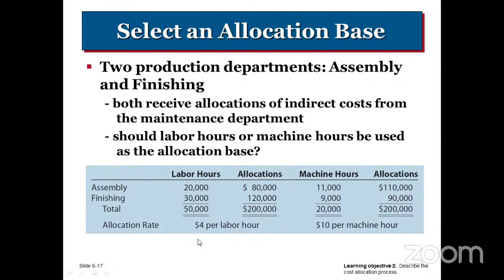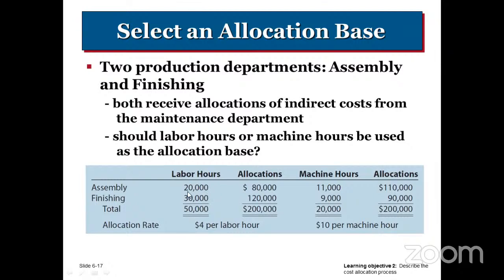Okay, look at this one. Assembly: labor hours 20,000, allocation 80,000; machine hours 11,000, allocation 110,000. So it shows how the cost is being allocated. This is just a very simple example telling you that you can use labor hours or you can use machine hours. Both can be used.